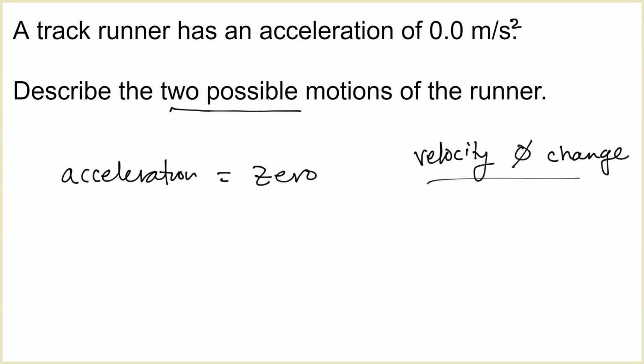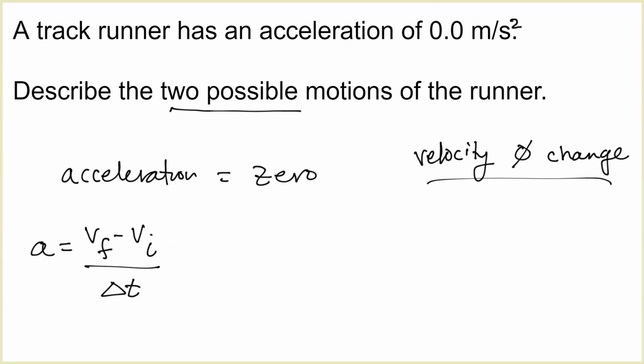The reason why we can say this is because if you look at the acceleration equation, acceleration is equal to velocity final minus velocity initial all over our change in time. To get our acceleration equal to 0, we have to have a 0 value for this numerator. To get a 0, we have to have the same exact number for our velocity final and our velocity initial.